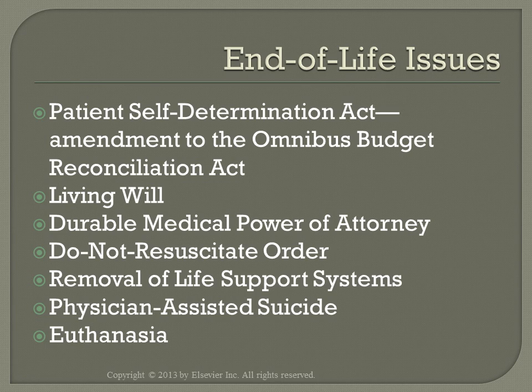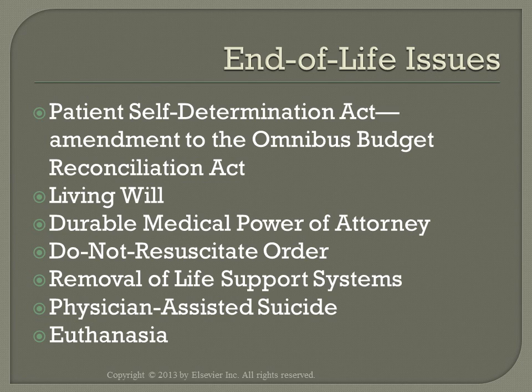A durable medical power of attorney names a healthcare proxy, and this can be anyone that is at least 18 years old, to make medical decisions if that person is no longer able to speak for him or herself. It becomes active anytime the person is unconscious or unable to make a medical decision.